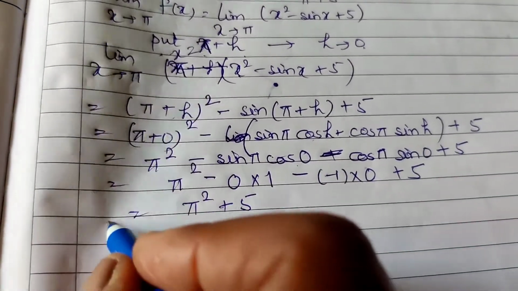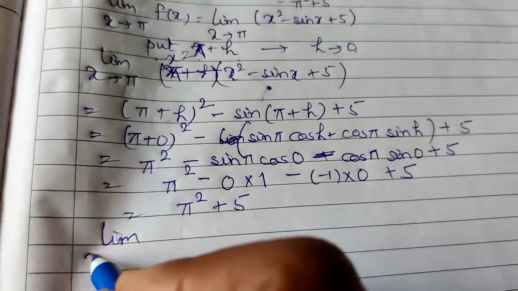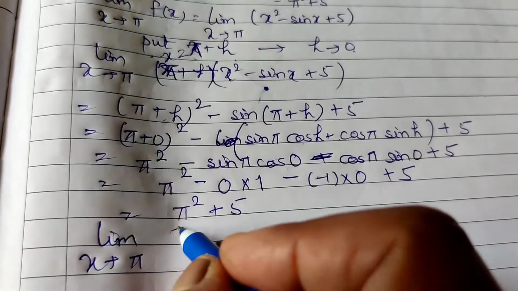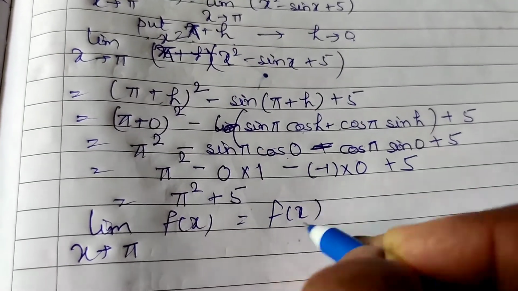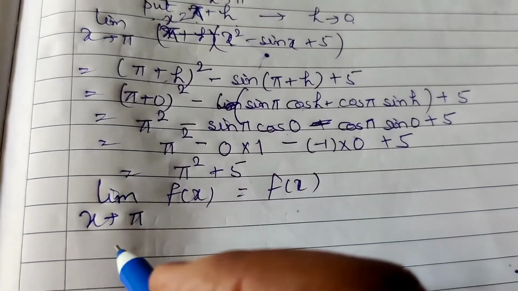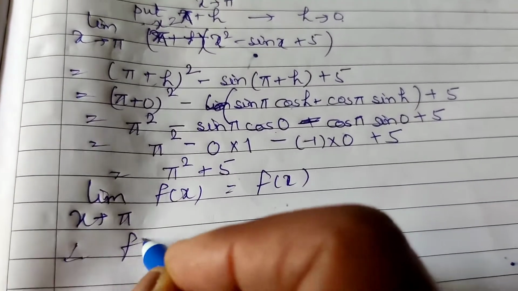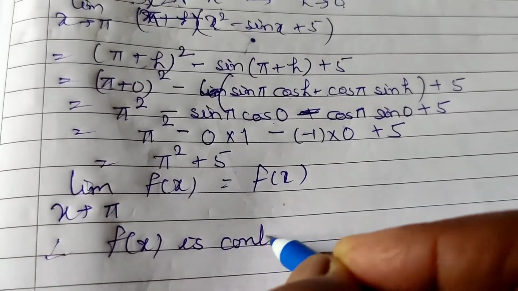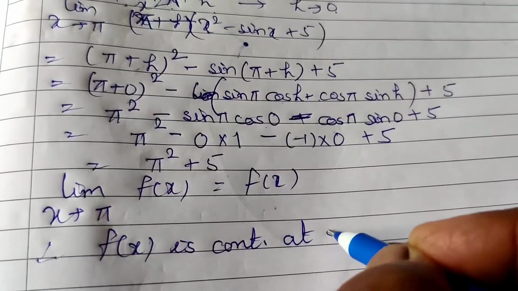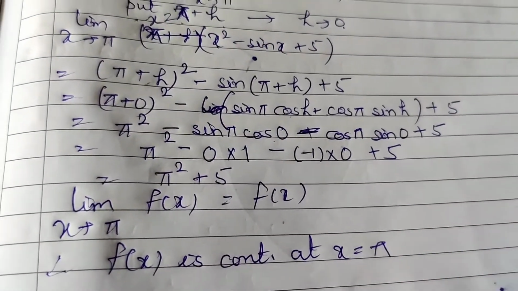It means limit x tends to pi of the function equals the function value itself. Therefore, the function is continuous at x equal to pi.